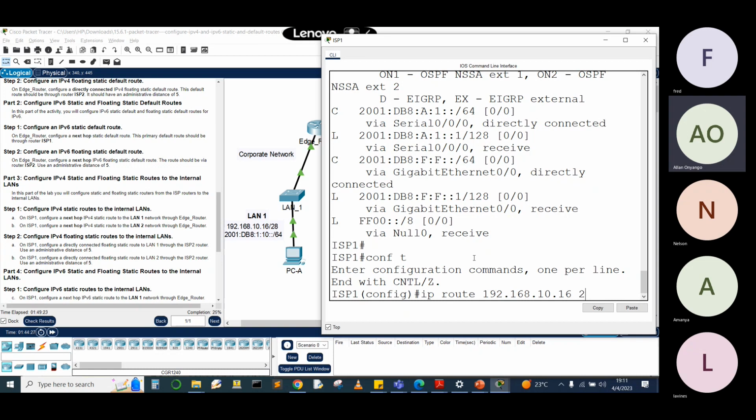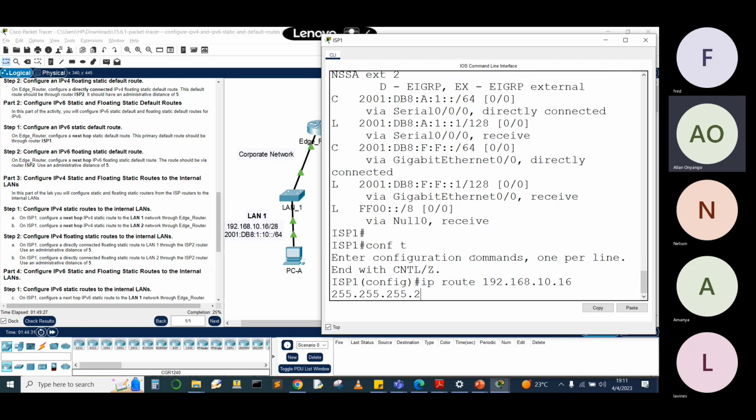So you must know that it is 255.255.255.240. All right. And then since this is a next hop static route, we need to put the next hop that we found on the edge router, which was 10.10.10.2, and that is very good to go.